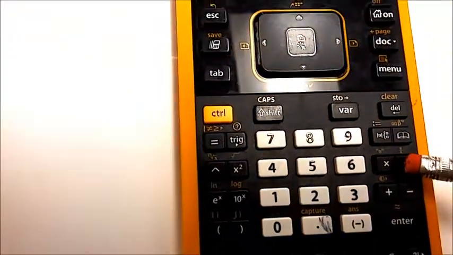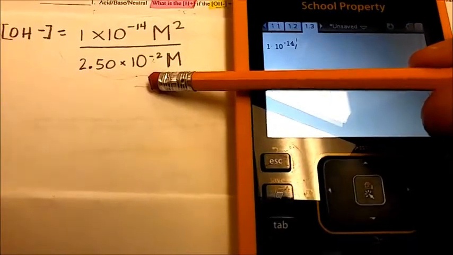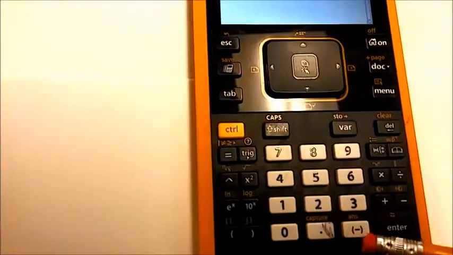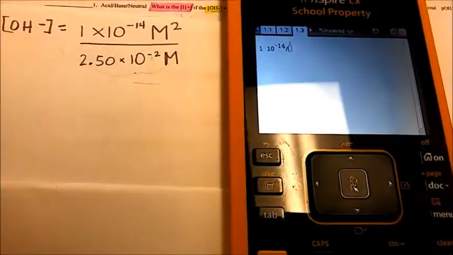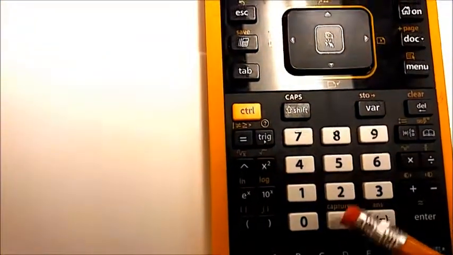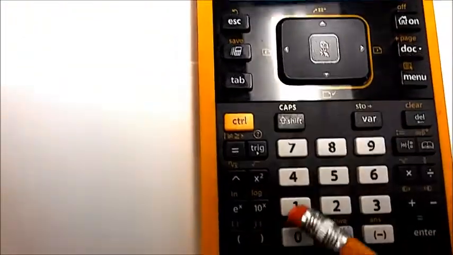You're going to notice that the cursor now looks longer because it's towards the bottom, not so much on the top. Divided by. And for this step, we're going to have to put parentheses before we put the 2.50 times 10 to negative 2. Parentheses, there it is. Open parentheses 2.50 times 10.